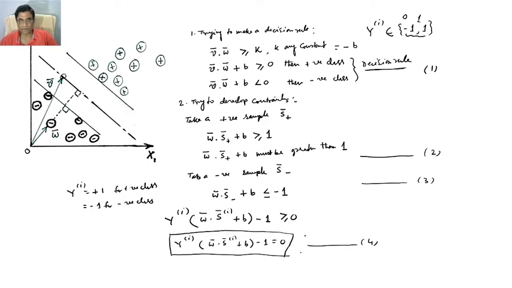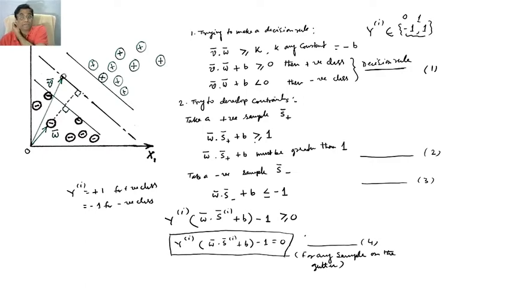This is valid for any sample on the gutter. Any sample on the gutter is incidentally called a support vector.